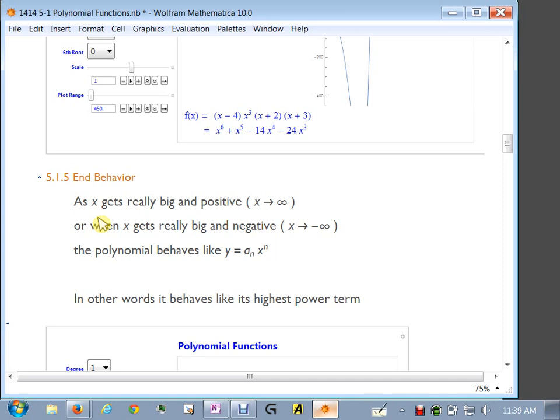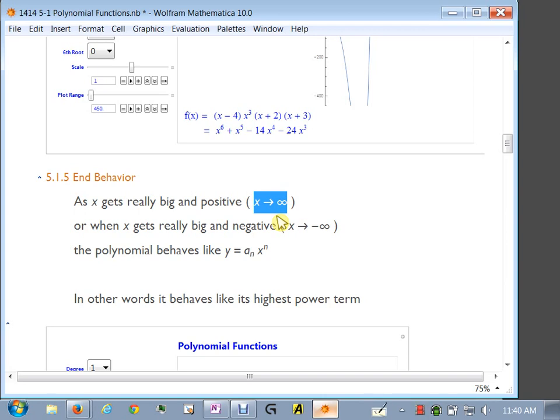We'll do right because it's the first one I do. Right-hand behavior would be going in that direction, which is the positive direction, right? To your right. In that direction forever is infinity. So what we're saying when we talk about end behavior is as x gets really big and positive, going out the right side, or this is new notation for us, as x with a little arrow to infinity.